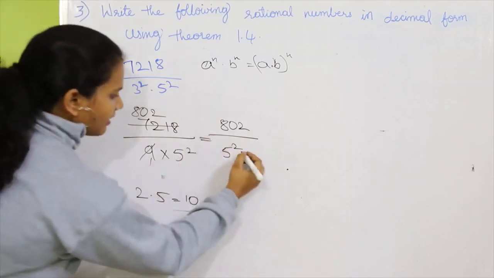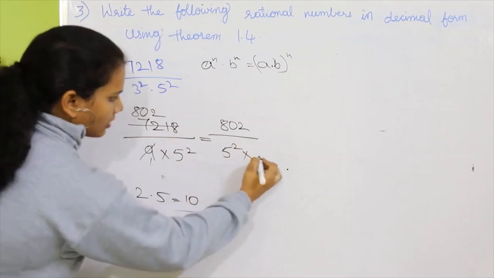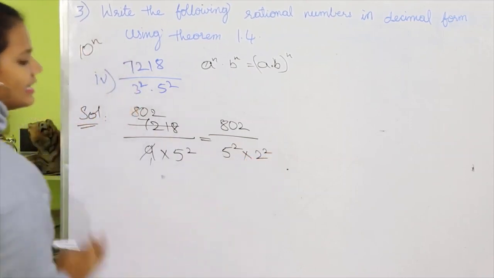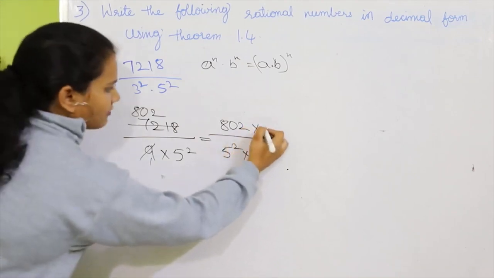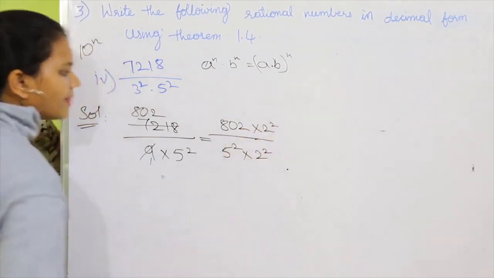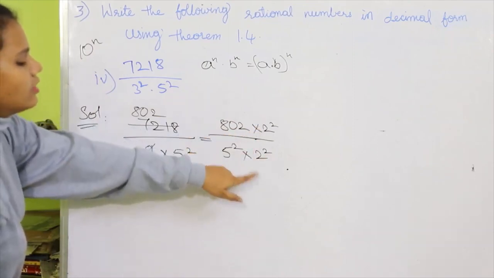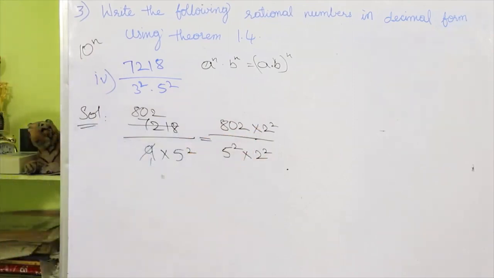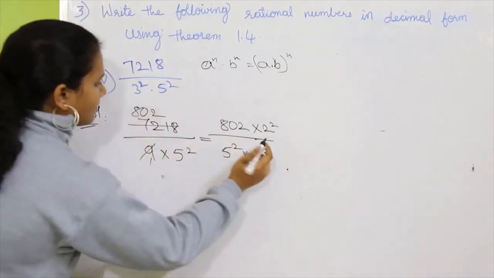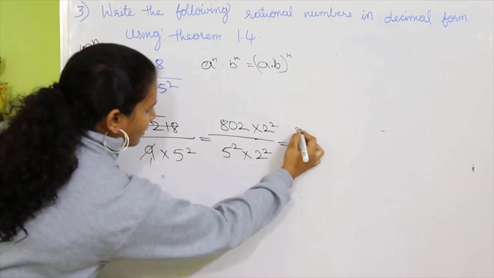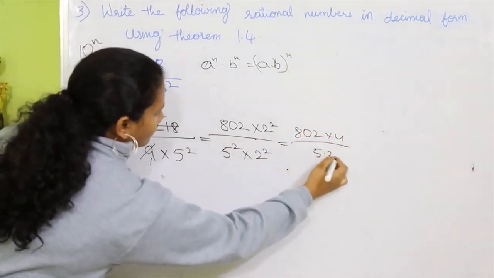So I will bring the friend 2 with power 2 again, like 2 square. Now we have multiplied with 2 square, so again distribute the chocolate for the numerator also by 2 square. Clear? 802 into 2 square by 5 square into 2 square. This gives 10 square. Are you getting it? Now 802 into 4, let it be. 802 into 4 by 5 into 2 whole square.